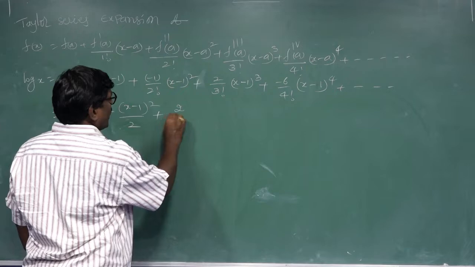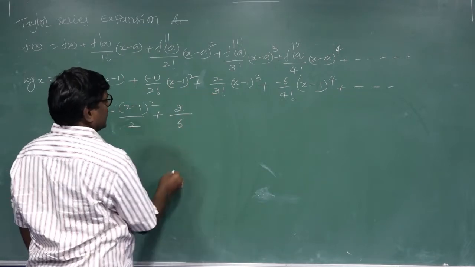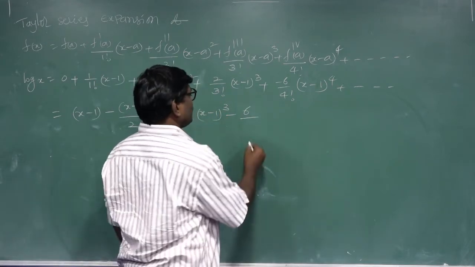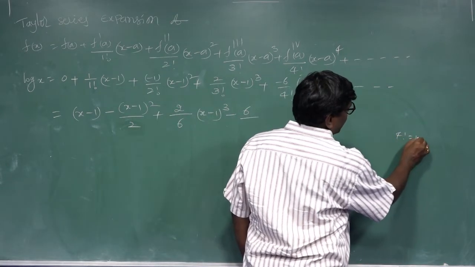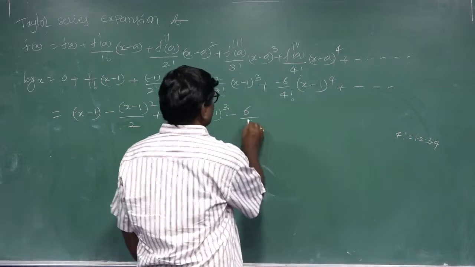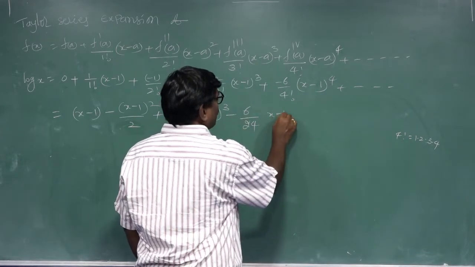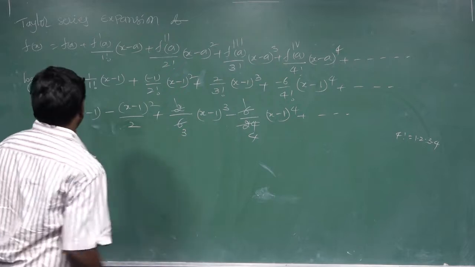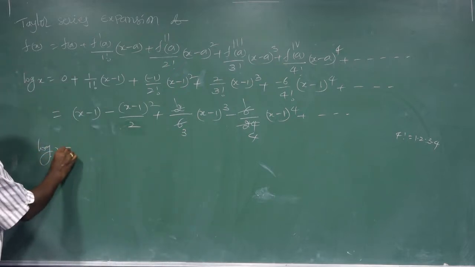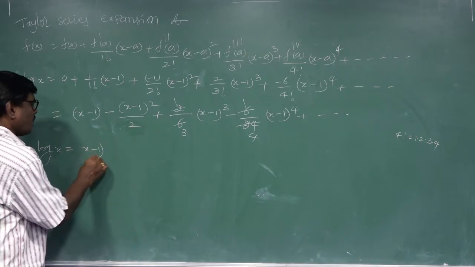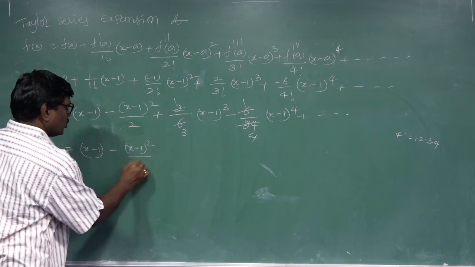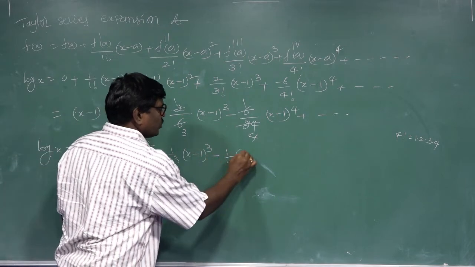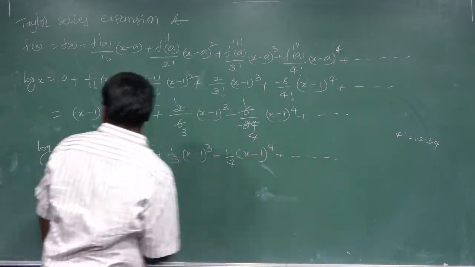Next, 6 into (x minus 1) whole cube minus 6; 4 factorial equals 1 into 2 into 3 into 4, which is 24, so 24 into (x minus 1) to the power of 4 plus so on. Therefore log x equals (x minus 1) minus (x minus 1) whole square by 2 plus 1 by 3 into (x minus 1) whole cube minus 1 by 4 into (x minus 1) to the power of 4 and so on.